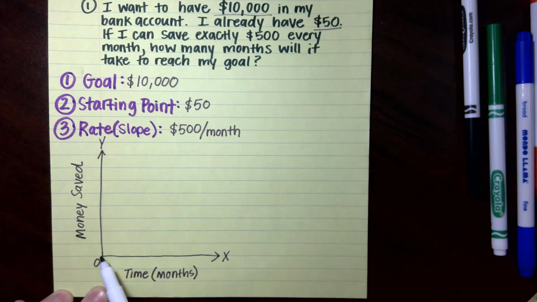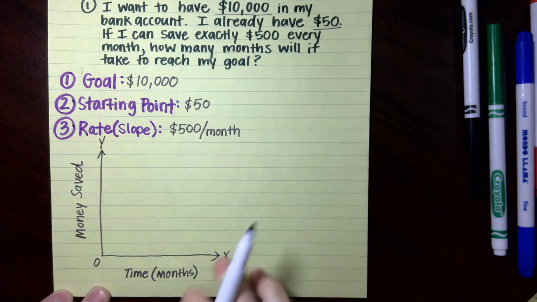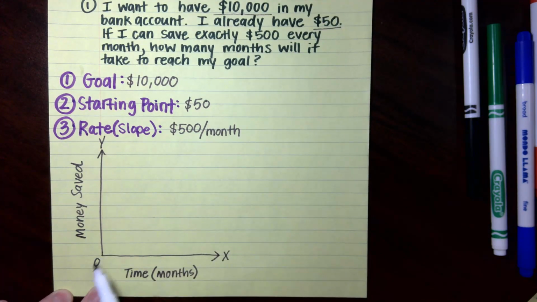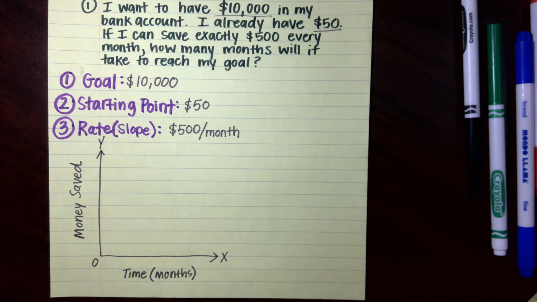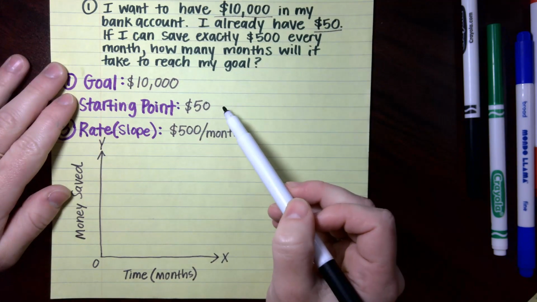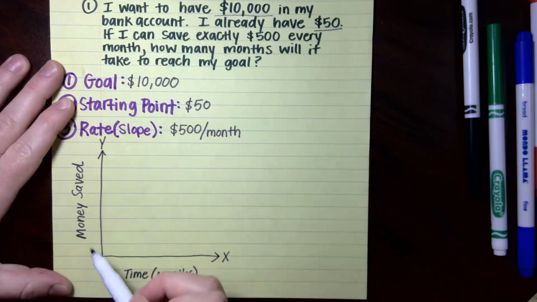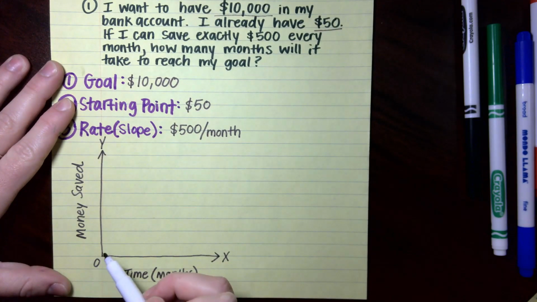Here's our starting point. We're at 0. Let's say 0 time has passed. We haven't had a month yet to save $500. What is our starting point? How much do I already have before I start saving $500 a month? $50. It says that I have $50 already. So my graph is not going to start at 0.